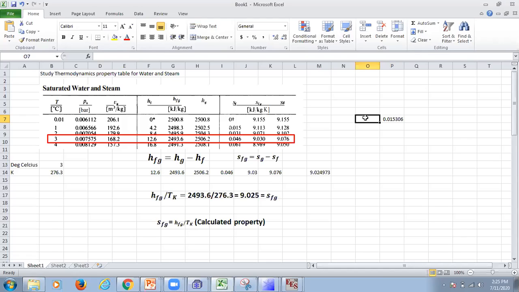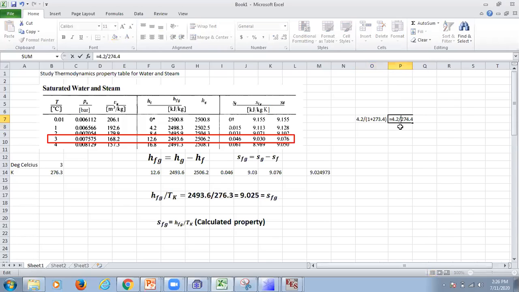So this is something like 4.2 divided by 1 degree in Kelvin. We can write this as 1 degree plus 273.4. This is 0.0153. Okay, 0.0153.